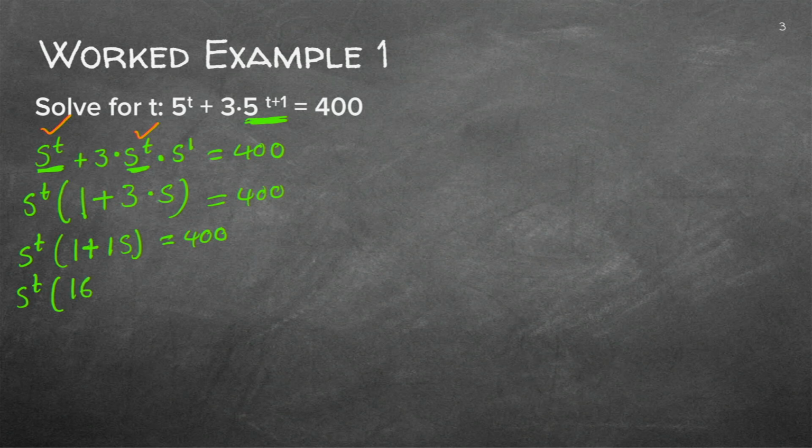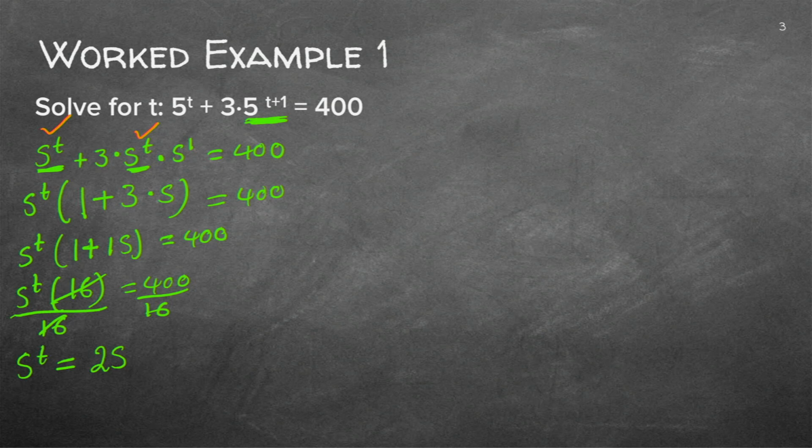You get 16, and this is still equals 400. Now you actually need to divide both sides by 16. So that 16 cancels, and you are left with 5 to the power of t equals 25. So 400 divided by 16 is 25.